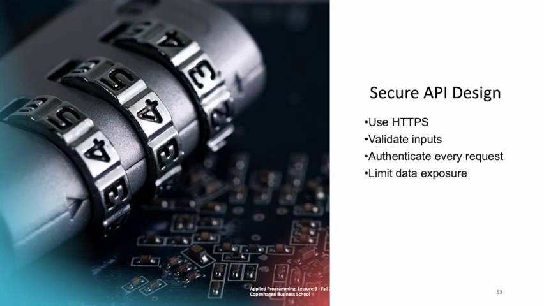Only return the data that's necessary. For example, if your API returns a list of users, don't include sensitive fields like passwords or internal IDs. Think of your API as a vault. You want to make sure only trusted people can open it, and even then, they should only see what they are allowed to see.